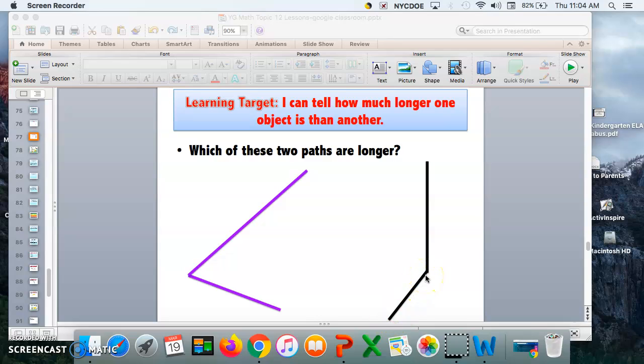Now, 4 plus 2 is 6 centimeters long. So this first path is 10 centimeters long, and this second path is 6 centimeters long. So which path is longer, meaning which number is bigger? Let's think about that, and then we're going to go over it.